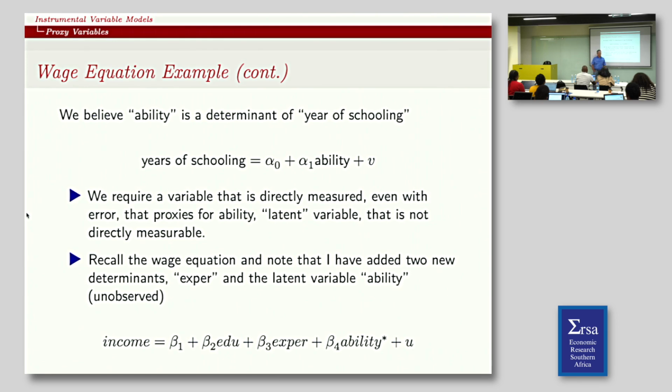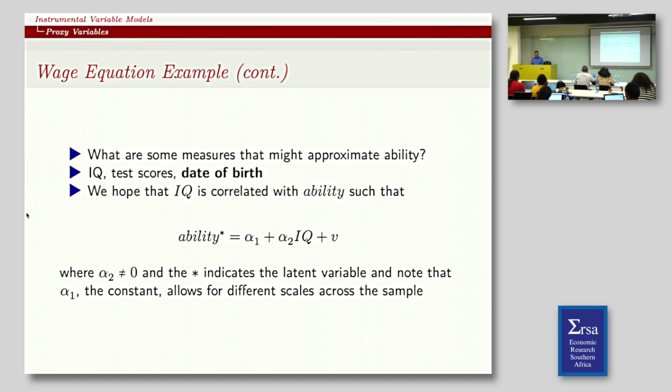We've included experience to deal with some other features, but that might be a little bit too much extra information. So what might people use as measures of ability? Well, we might have something like an IQ score, or some other test scores. There's a literature that talks about using date of birth, but that's actually more of an IV story.